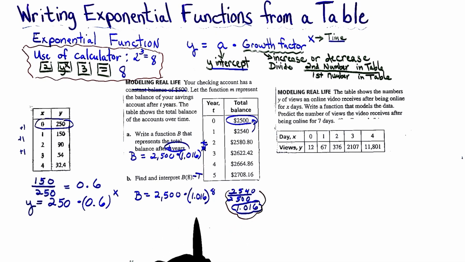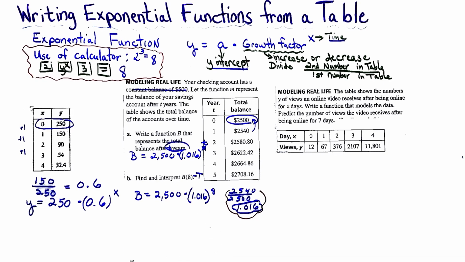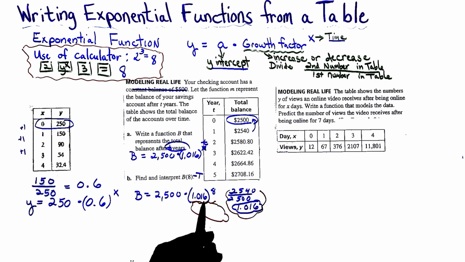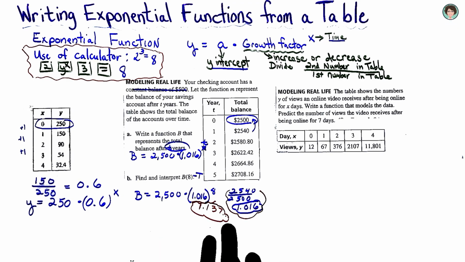Now, when you're putting this in your calculator, it's going to be very important that you know how to use it properly. So I want you to go ahead and put that in. And when you do, you should be getting 1.137 and so on. Remember, you do nothing to your calculator there.